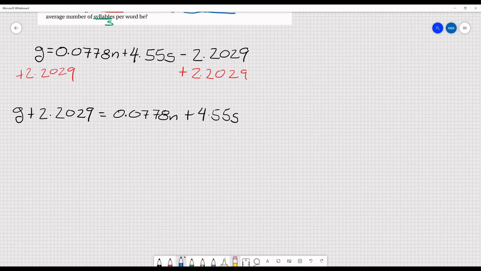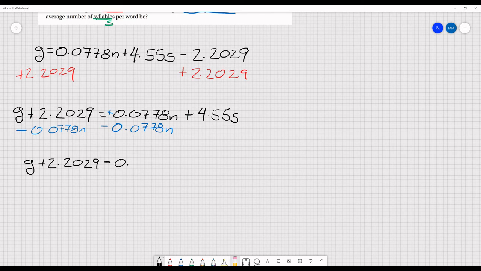You can take care of this addition here. If there isn't a plus written out in front or a minus written out in front, it is assumed to be a plus. So the opposite of that would be minus, so I subtract 0.0778N from both sides. I now have G plus 2.2029 minus 0.0778N is equal to 4.55S.